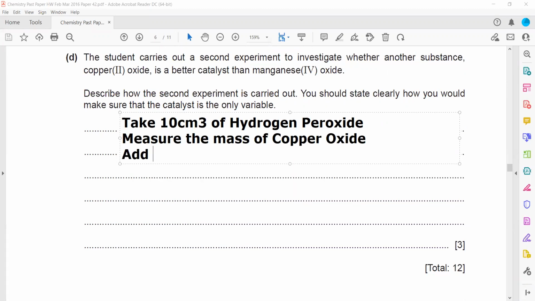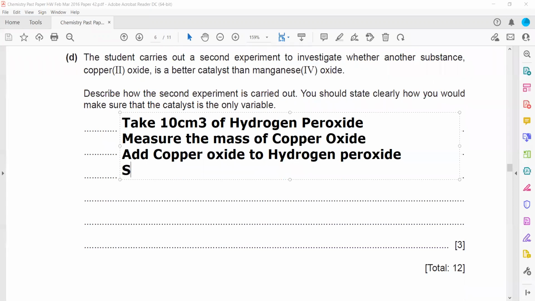Then we will start the timer or stopwatch and record the volume of gas, for example in 5 minutes or 2 minutes, any specific time.